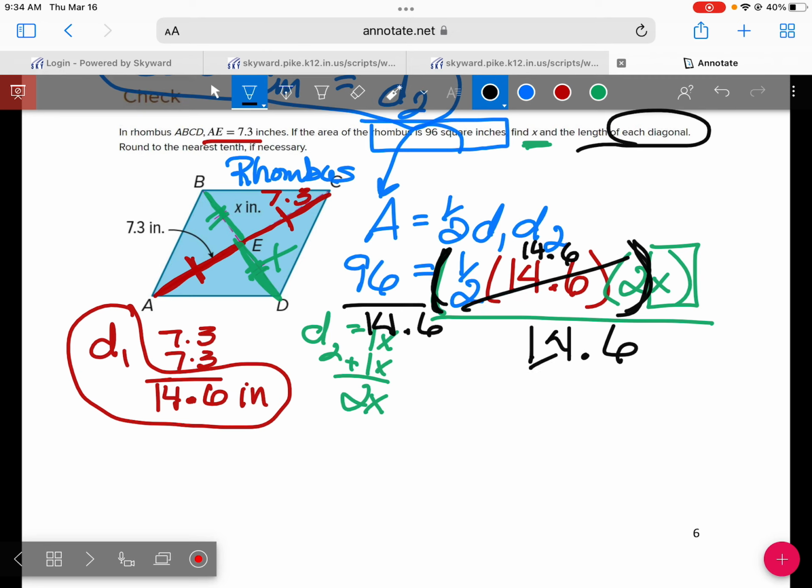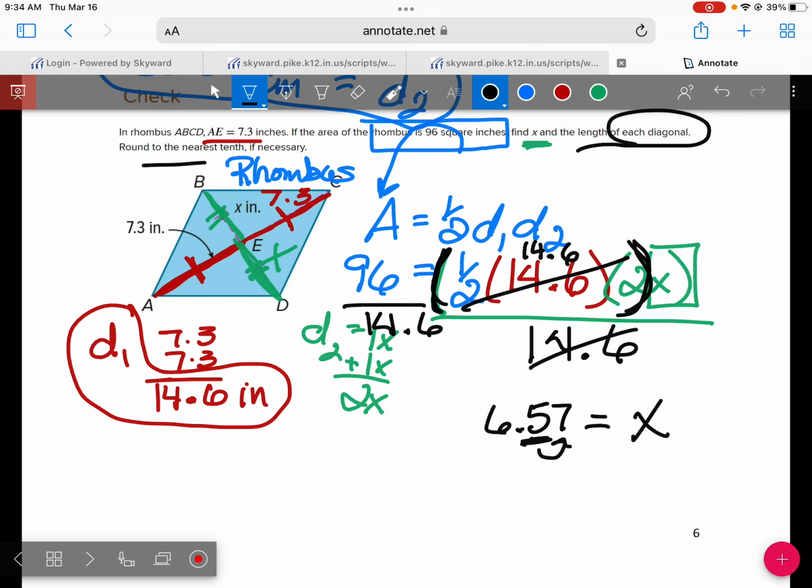These numbers simplify out, and I get x equals 96 divided by 14.6. What is it? 6.575. It's a mess. Let's round it to the 10th place because it says round to the nearest 10th.